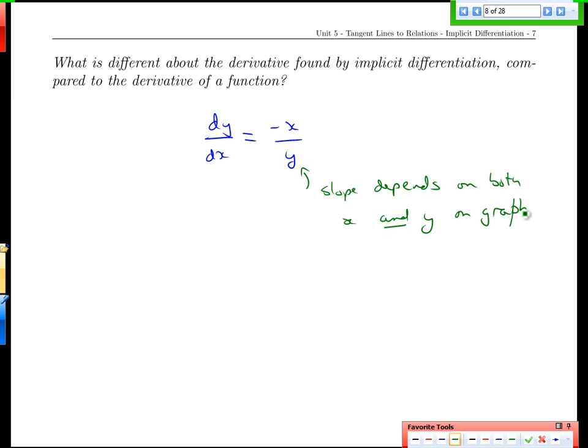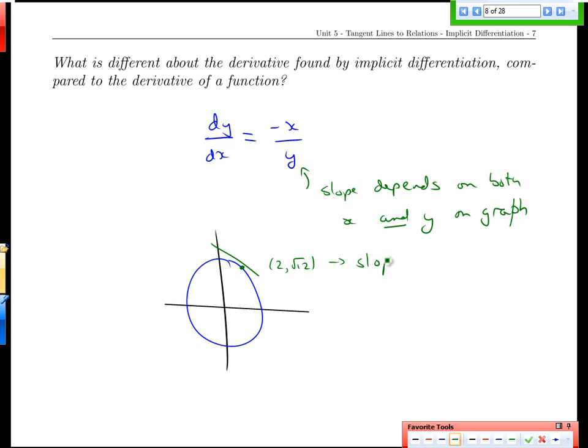Okay, so that might not seem like much, but if we think about where we started, it actually could not be any other way. If we were drawing circles, and we ask what's the slope at the x-coordinate 2 root 12, well, we found the slope was around negative 0.57.